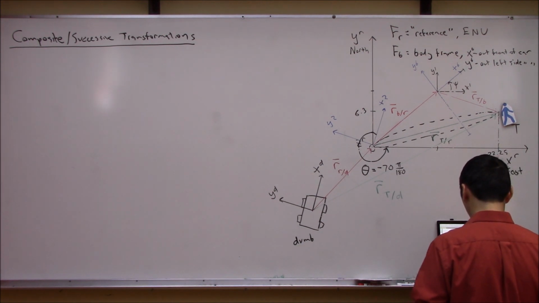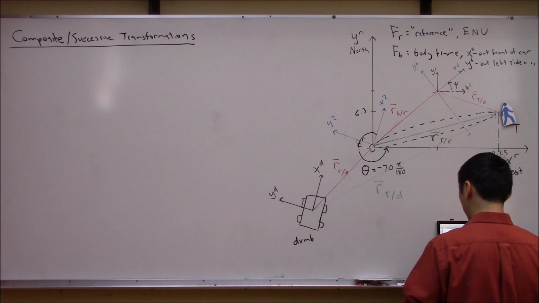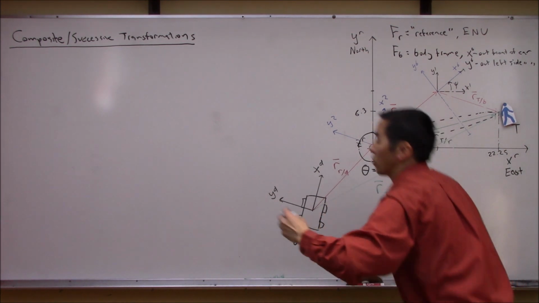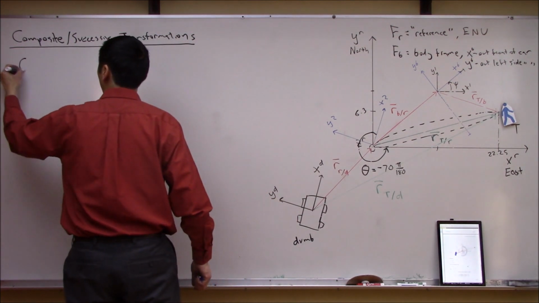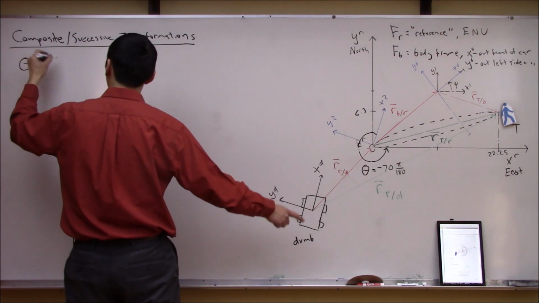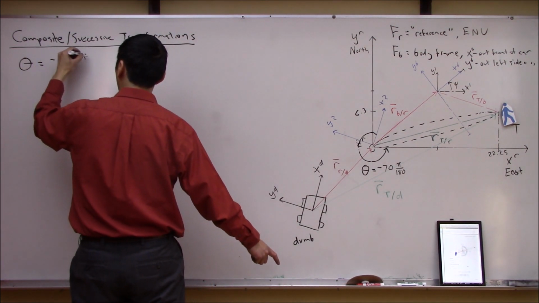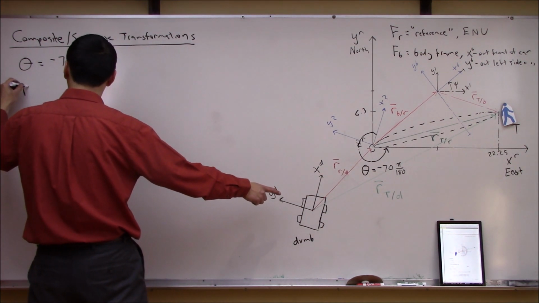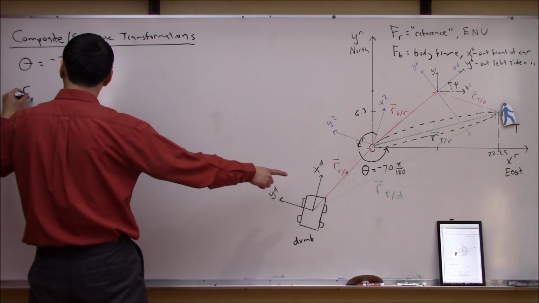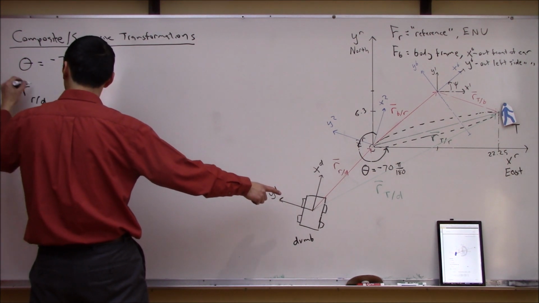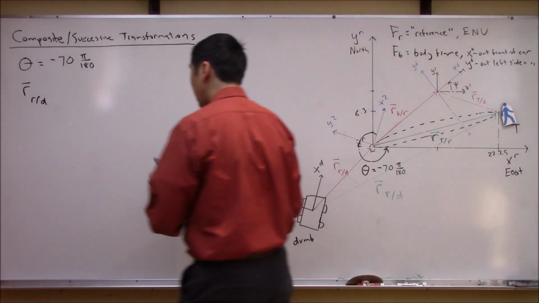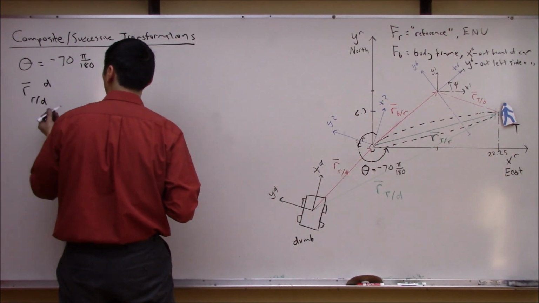And now, what else do I need to do? We need this vector. I need to figure out, so maybe we should do this again. We got theta here. We had said theta was minus 70 times pi over 180. Now what I need is R with respect to D, right? I need this red vector, but I need this expressed in the D frame.